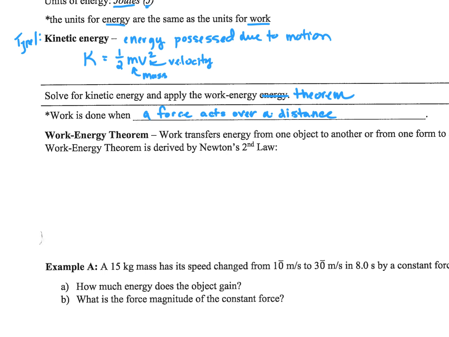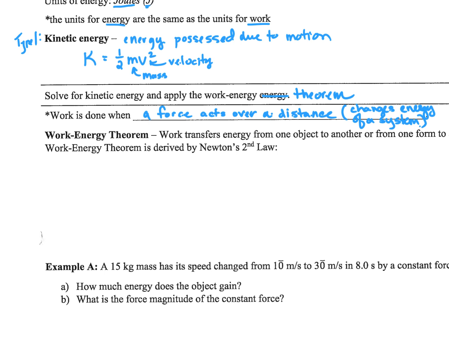When we push something over a distance, we are doing work. We can feel it. And this is going to change the energy of a system. If we shove something across the floor, we're going from a low energy state to a high energy state because we're putting work into it. Makes sense if you think about it.